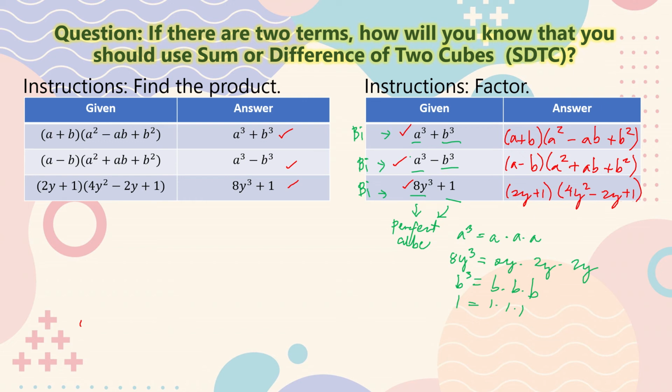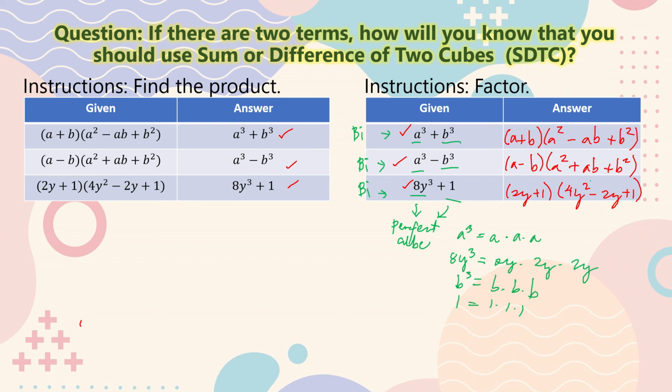So now, if that's how we determine whether we can use SDTC, the question now is, how do we get the answer right away, even if we're just given 10 seconds?